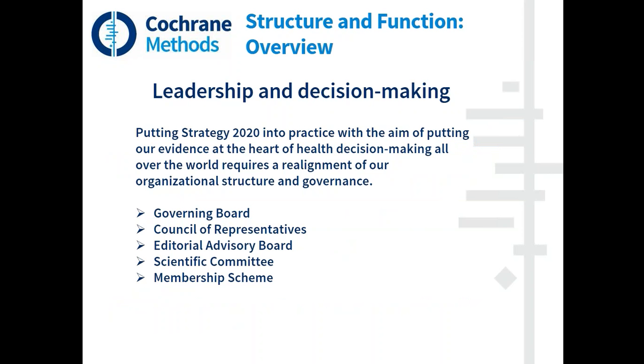In this presentation I want to talk about the part of the structure and function review that looks at review production, with particular reference to methods groups, but also to be clear that there are 3 papers going to the steering group around structure and function. Papers 2 and 3 relate to the future of centers and networks and fields respectively.